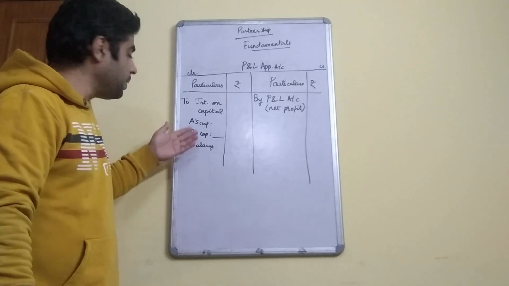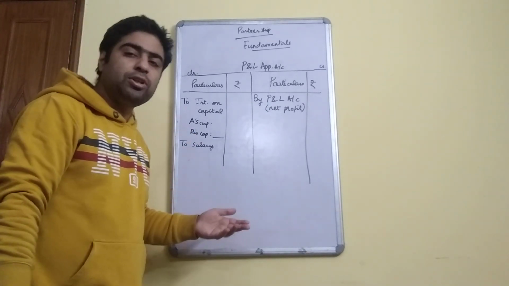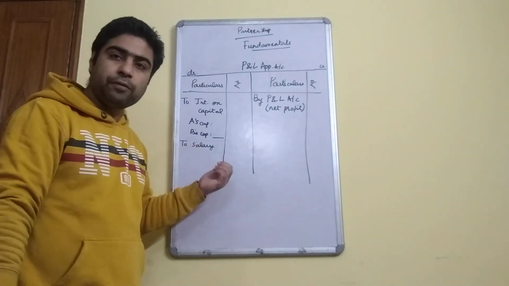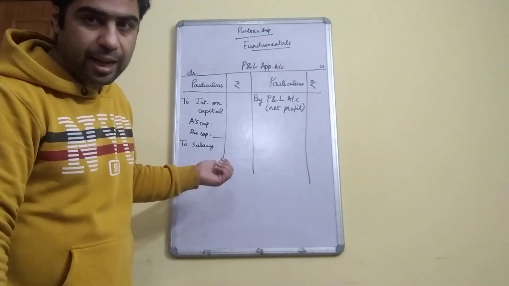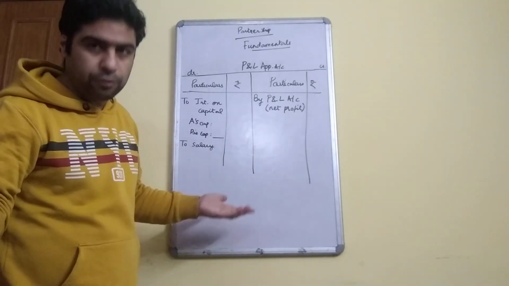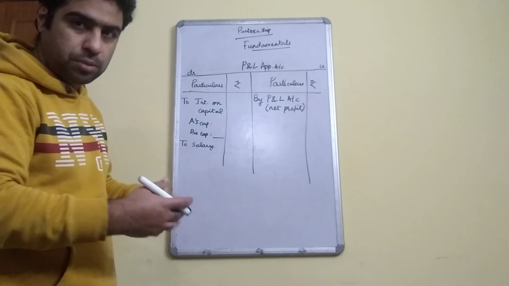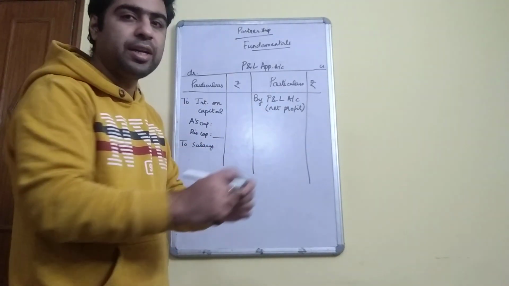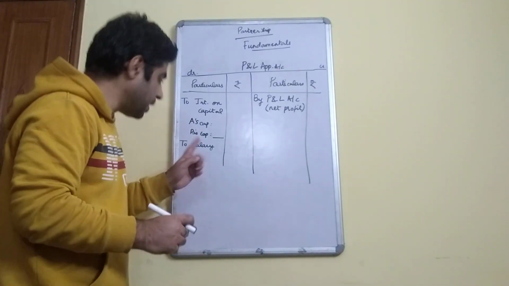B said that he will be working full time, devoting full time to the partnership firm. So as a result, he should be getting a salary every month. B of course would have agreed, and they put some amount that B will get every month in the form of salary.